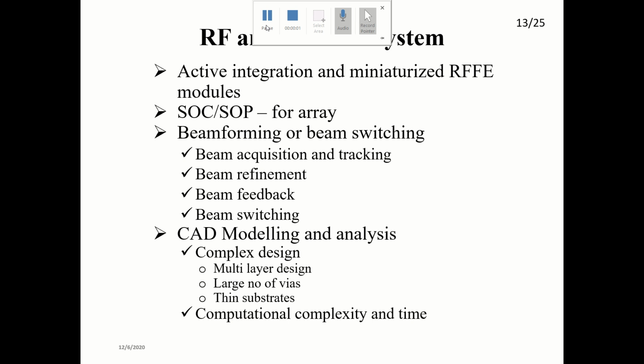As we saw, the front end has active integration, miniaturized front-end modules. One more point I want to make: next is system on chip and system on package, like PCB or package, for an array.